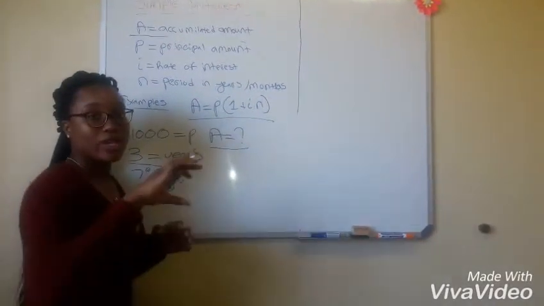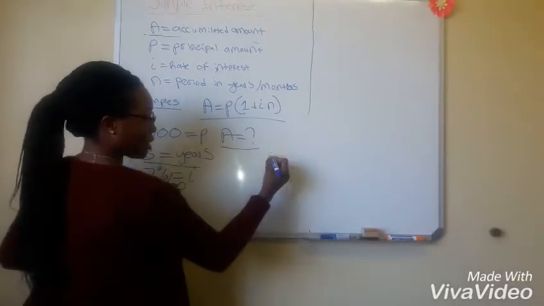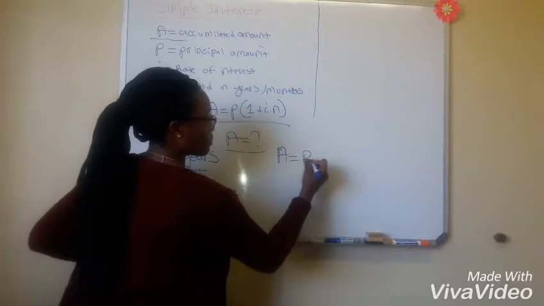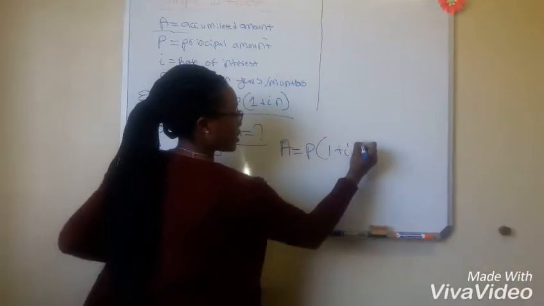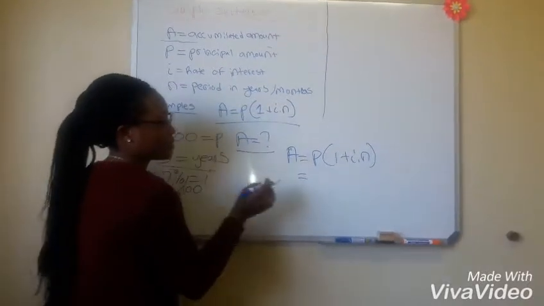You are going to see the question as a caption on the video. It's going to be A equals principal into 1 plus interest and number of years or period. 1 is a constant, and in this case the period is the number of years.